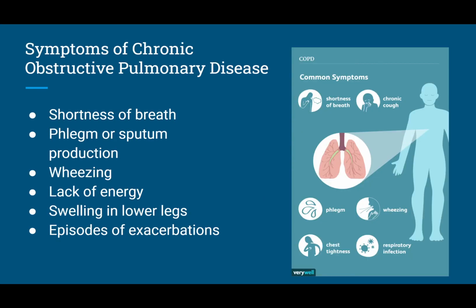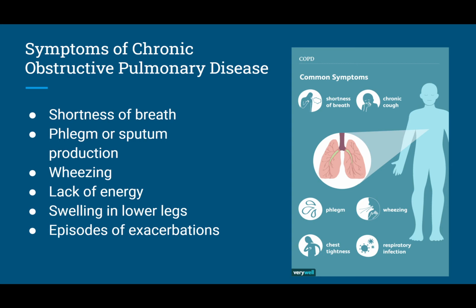So some common symptoms of chronic obstructive pulmonary disease include shortness of breath, as we talked about. That's due to the limited airway, the passage of air in the lungs, and the lungs help keep your blood flowing through the body.